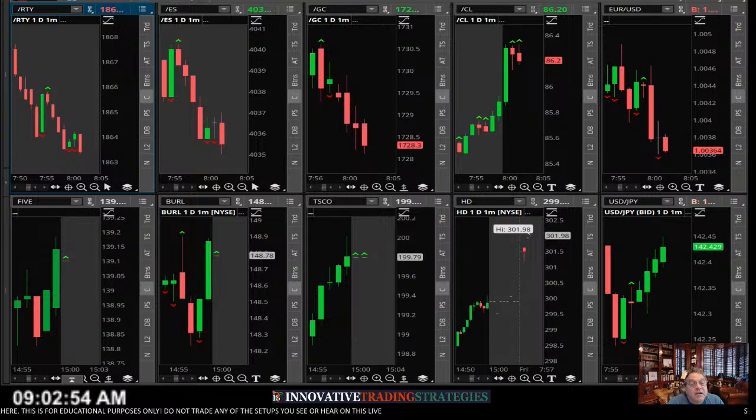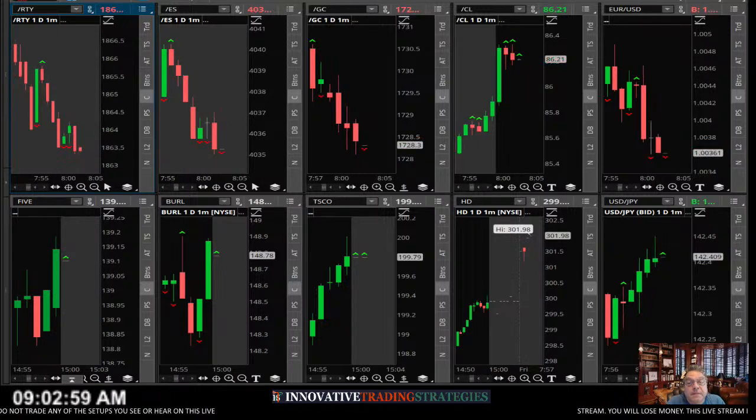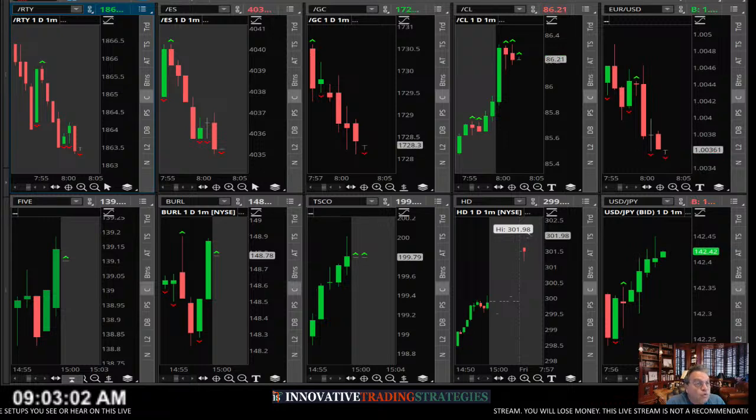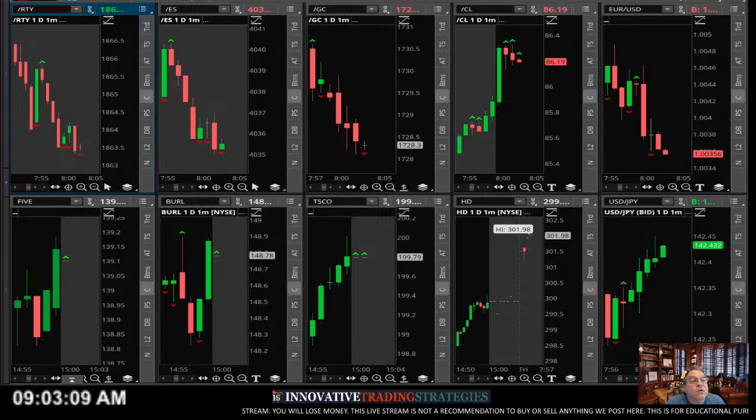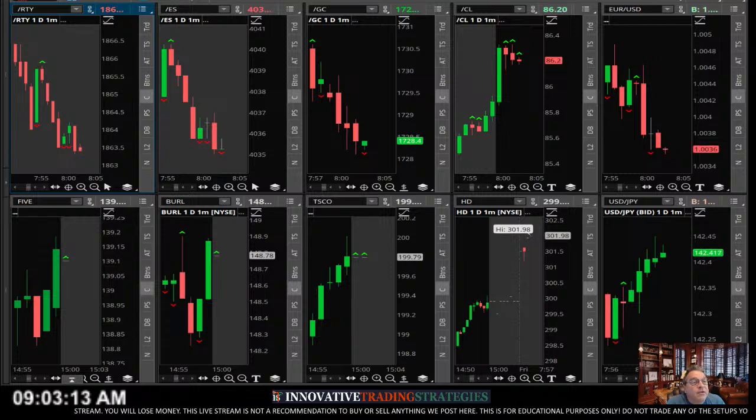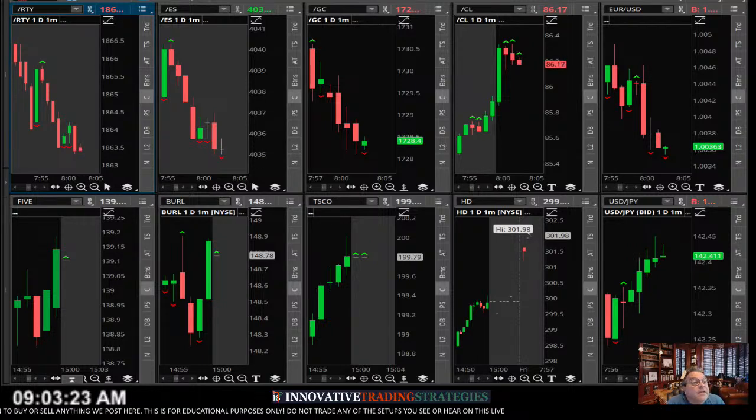Einstein is a combination of a mathematical formula and several different patterns that will provide us with an exact entry, a profit target, and or reversal. And the way that works is once we're in a trade, we will wait for either the profit target or reversal. If for some reason we hit reversal before target, it recalculates and provides us with a target in the opposite direction. The accuracy of hitting target before reversal is between 72 and 80%.